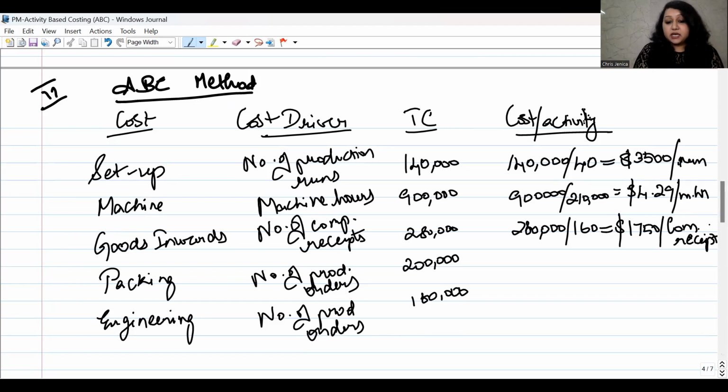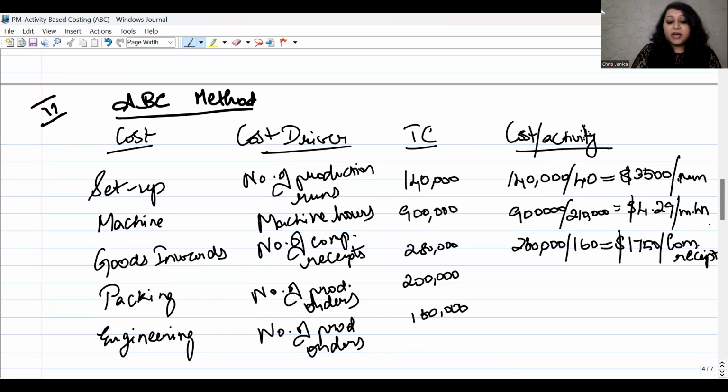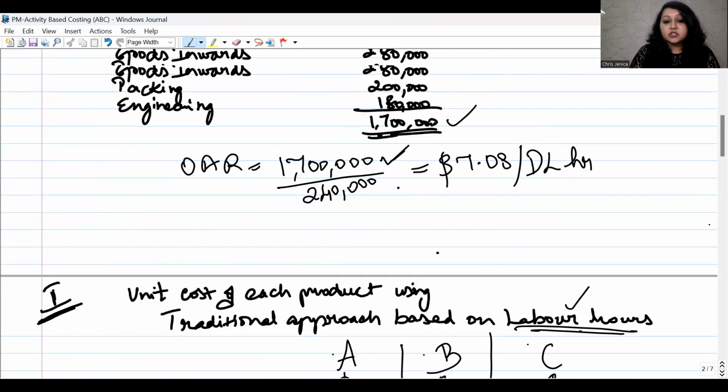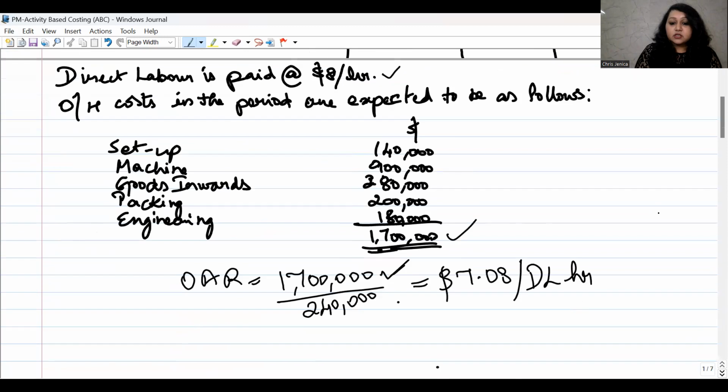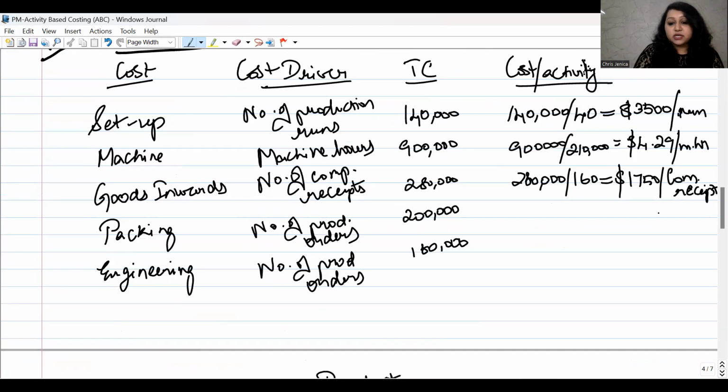Then you have packing. Packing, the total cost is 200,000, and packing and engineering, we are going to base it on the number of production orders. So how much do you have as production orders? 50 production orders are there. So we will find out the cost per activity. 200,000 divided by 50 and 1,80,000 divided by 50.